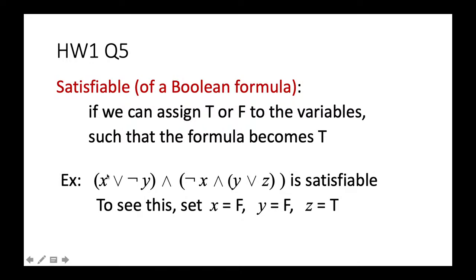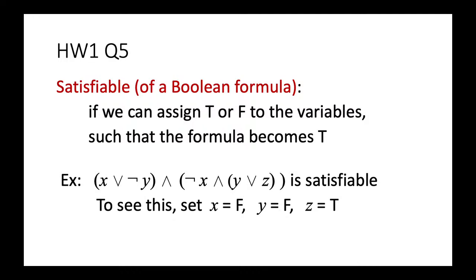So in that sense, we have this part is true and this part is true, so the overall formula is true. As long as we can find a particular case by plugging in the variables x, y, z, so that the formula becomes true, then we will say that the formula is satisfiable.